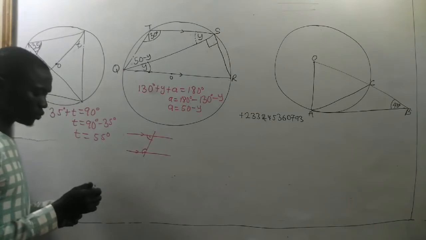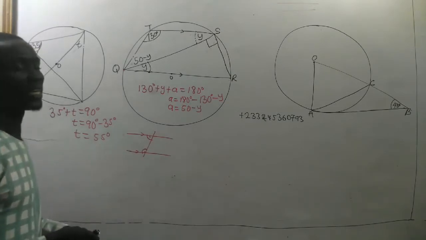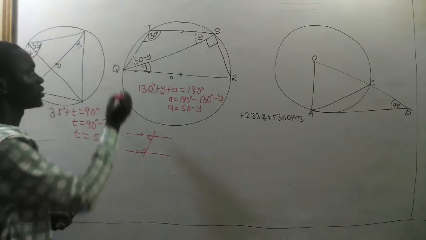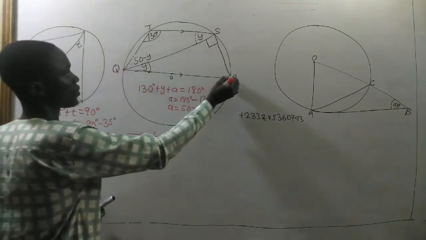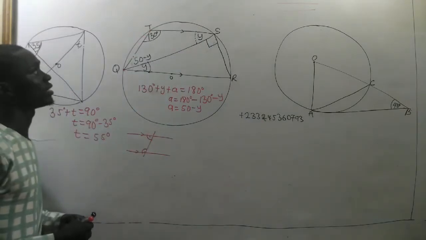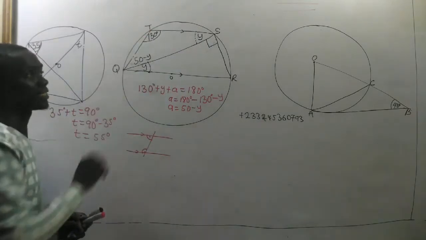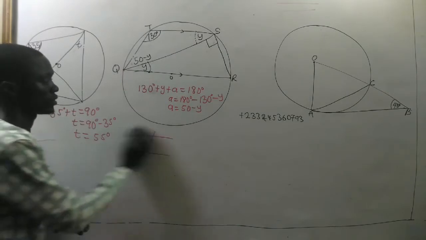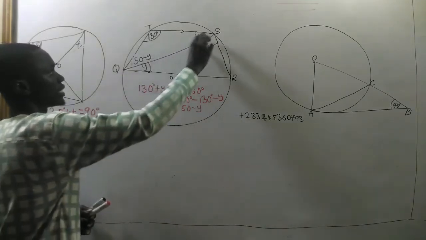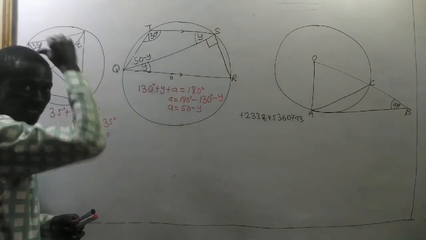Now, what we are going to utilize is the property of the cyclic quadrilateral. Now, this quadrilateral is a cyclic quadrilateral because the endpoints or the vertices of the quadrilateral touch the circumference of the circle. So, you say that the opposite angles here sum up to 180 degrees.